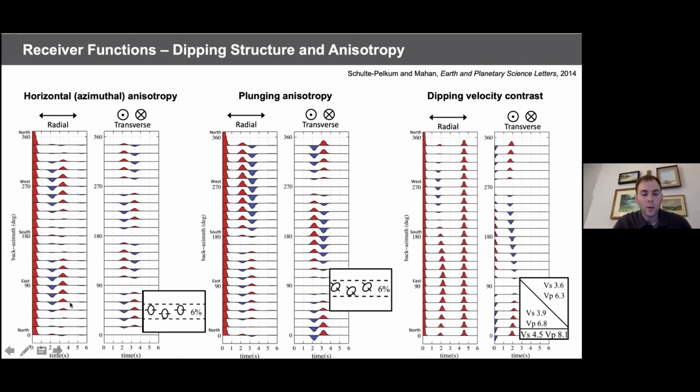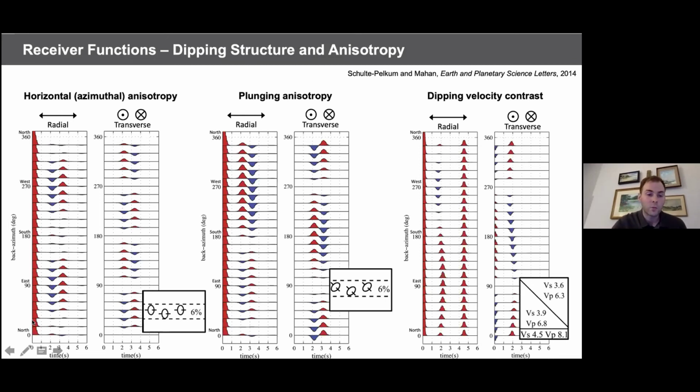And in the presence of horizontal azimuthal anisotropy, some of that planar P wavefront energy actually gets refracted into the transverse component. And so we end up with these phases on the orthogonal direction. But the amplitude and polarity of these phases actually depends on the orientation of the earthquake relative to the orientation of the structure, so the orientation of this anisotropy.